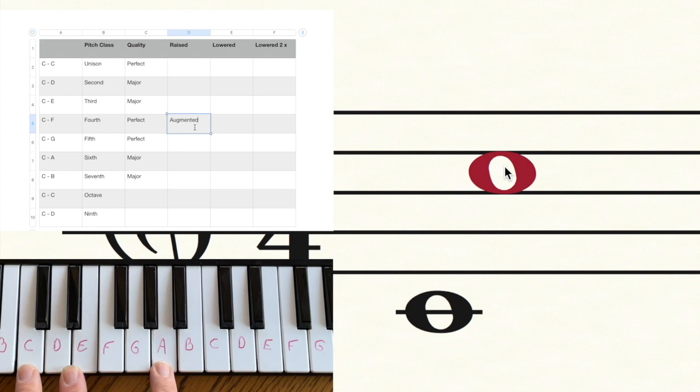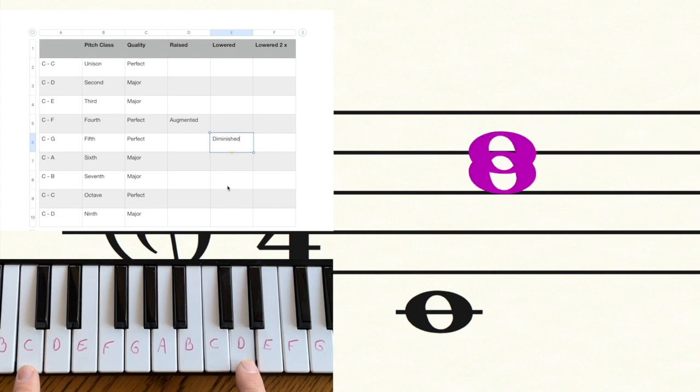So from that list, we can start seeing what happens when we alter them. Now, the qualities I gave you are just relating them to the C major scale. Now, if we keep going past the octave, then we have numbers we use for our chord extensions.